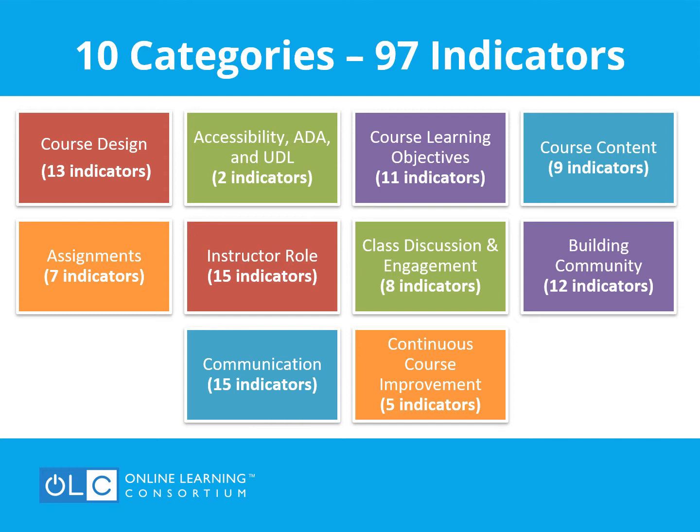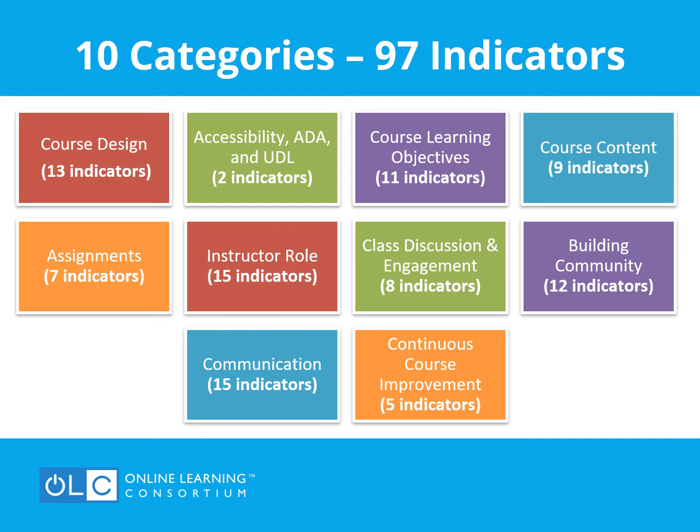The categories include course design with 13 indicators, accessibility, ADA compliance, and universal design with 2 indicators, course learning objectives with 11 indicators, course content, 9 indicators, assignments, 7 indicators, instructor role, 15 indicators, class discussion and engagement, 8 indicators, building community, 12 indicators, communication, 15 indicators, and continuous course improvement, 5 indicators.